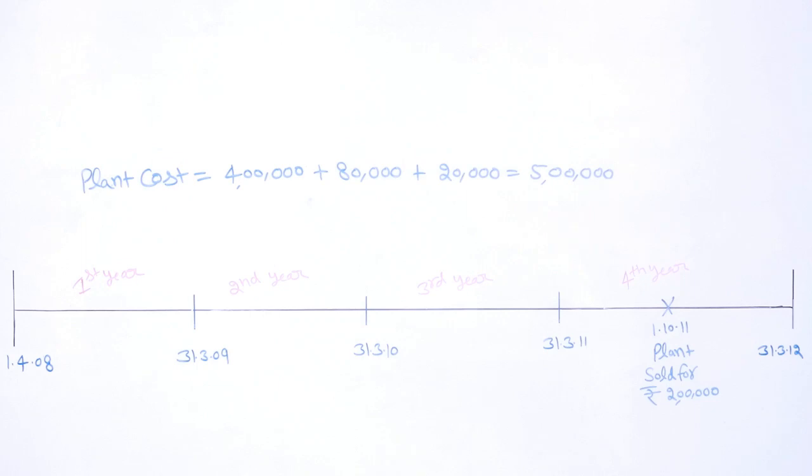So the total cost of the plant will be 5 lakh. We will charge depreciation on 31st March every year. This is the first year, second year, third year, fourth year. On 1st October 2011, X Limited sold the plant for rupees 2 lakh.